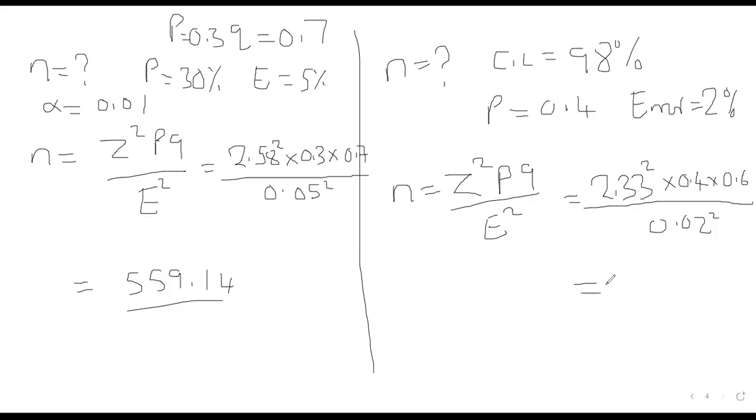So when we calculate that, we're going to find our sample size. So we get 3,200 and what? 57.34. So it's just an issue of understanding your formula.